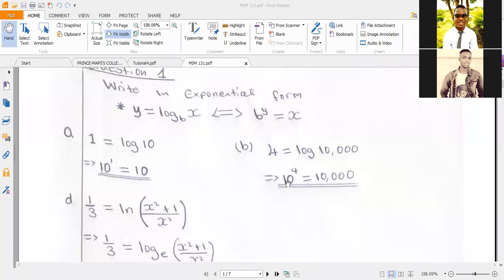So it would be 10 to the 4, the 4 being the y that we had there, equal to 10,000, which was the argument, the x. So it would be 10 to the 4, which is equal to 10,000. And you agree with me that if you raise 10 to the power 4, it would be equal to 10,000.